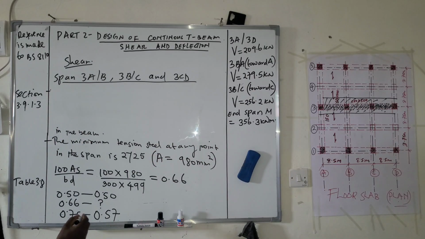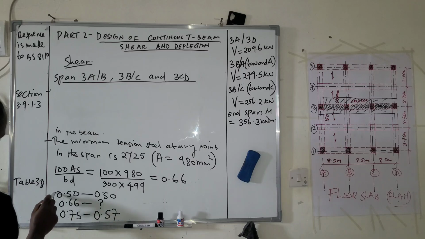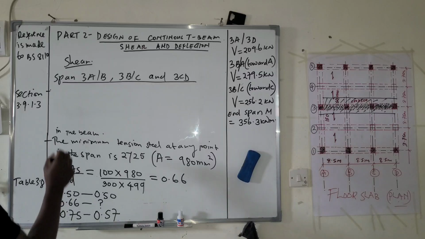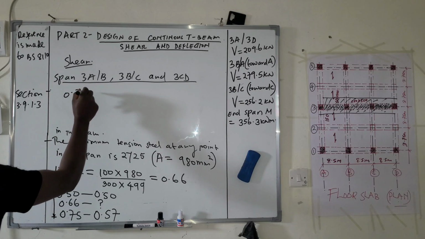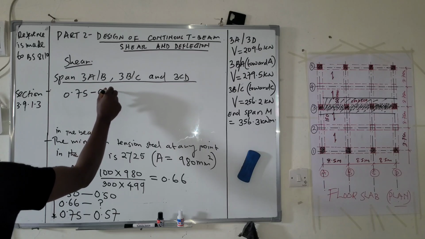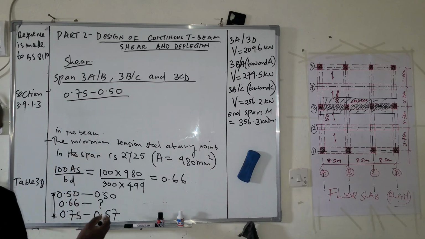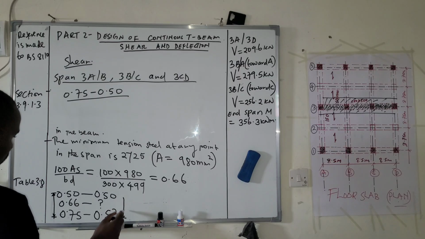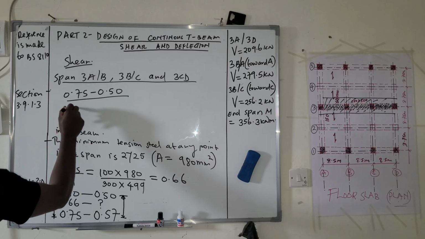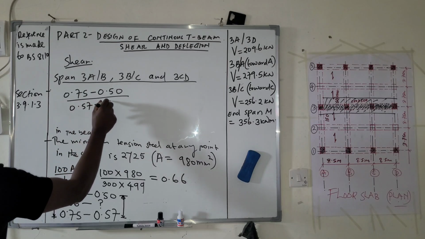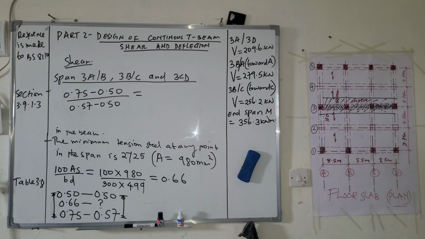So take this one, take 0.75 minus 0.50 over 0.57 minus 0.50 is equal to, come to this one and get the difference.